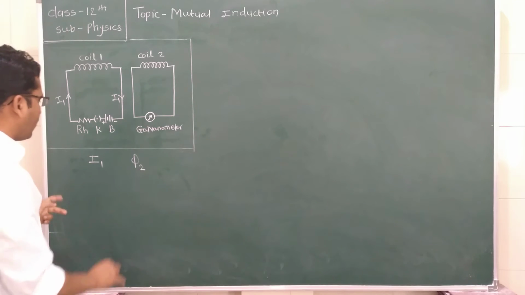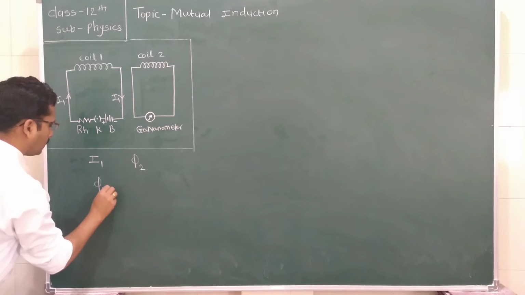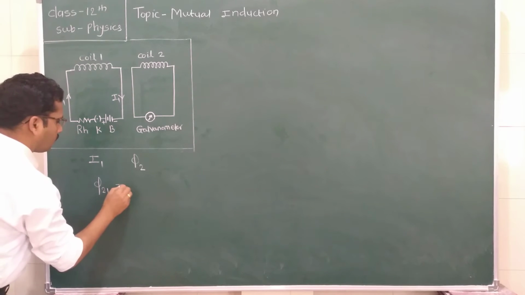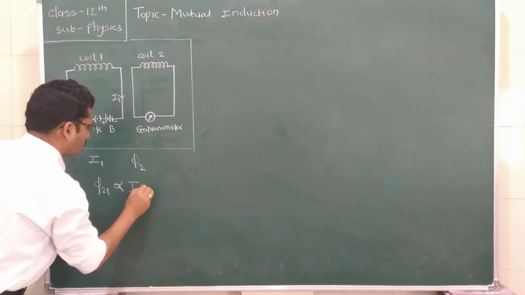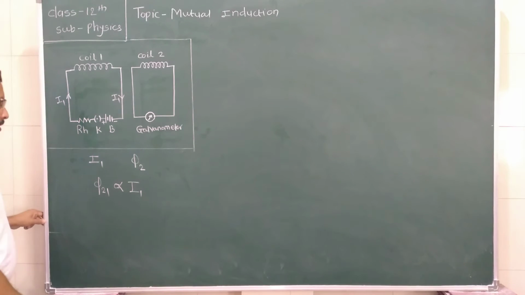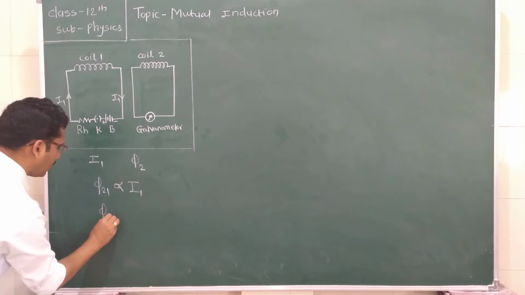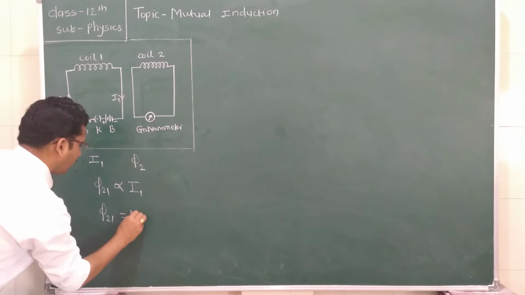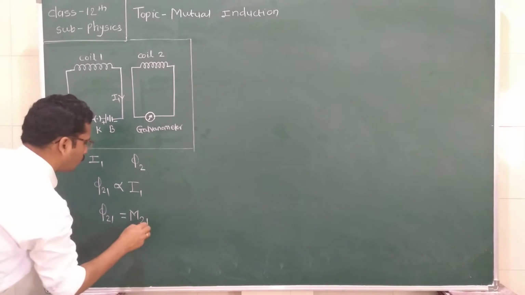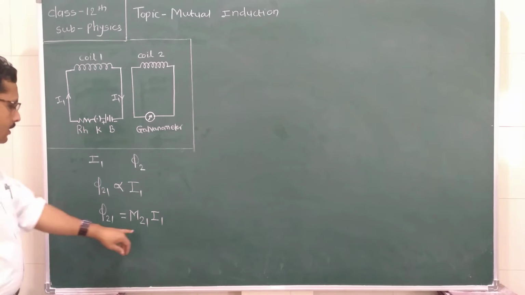So we can write that phi 2 is directly proportional to the current I1. So we can write phi 21 is equal to M21 multiplied by I1. So what is this M21?